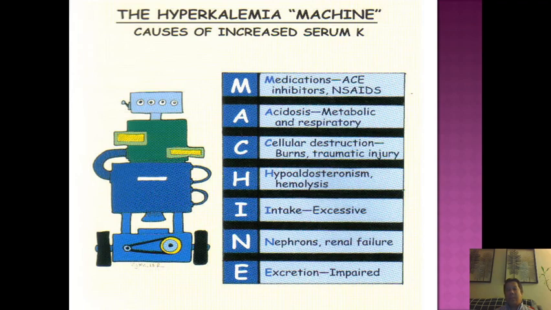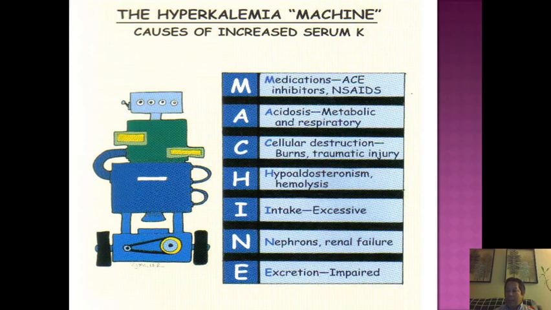Cellular destruction, such as in the case of burns, traumatic injury of the muscles and tissues, will again squeeze potassium out of the cell, and that can lead to hyperkalemia as well. Decreased secretion of aldosterone, such as in the case of hypoaldosteronism.